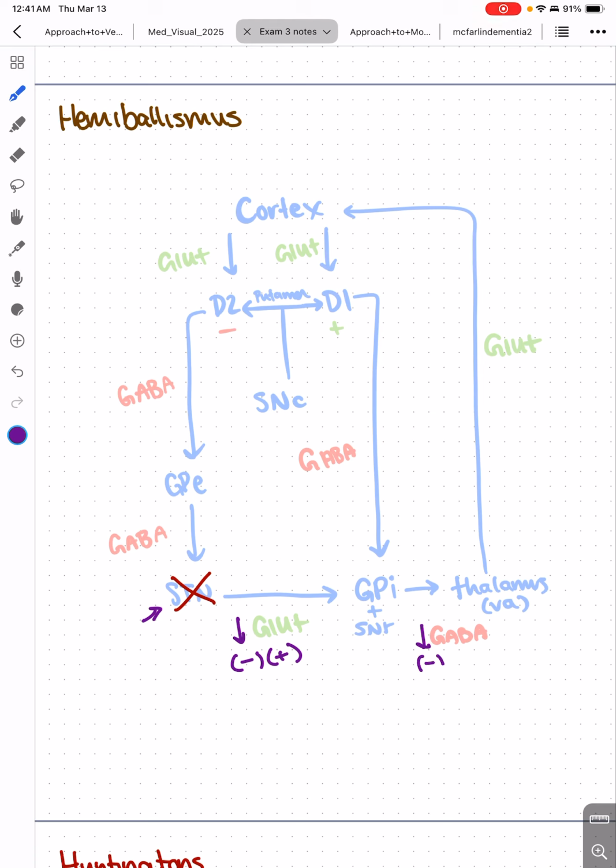If you have a negative effect on GABA, an inhibitory neurotransmitter, you're going to get positive glutamate. And now a positive times a positive gives a positive effect on the cortex, increased movement, which is what you see in hemiballismus.